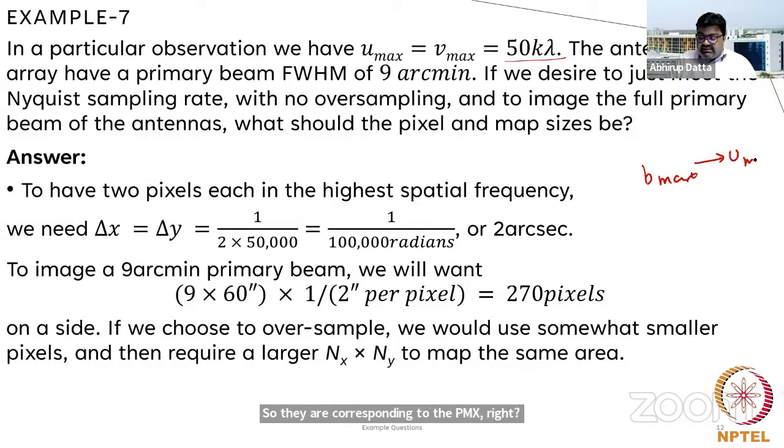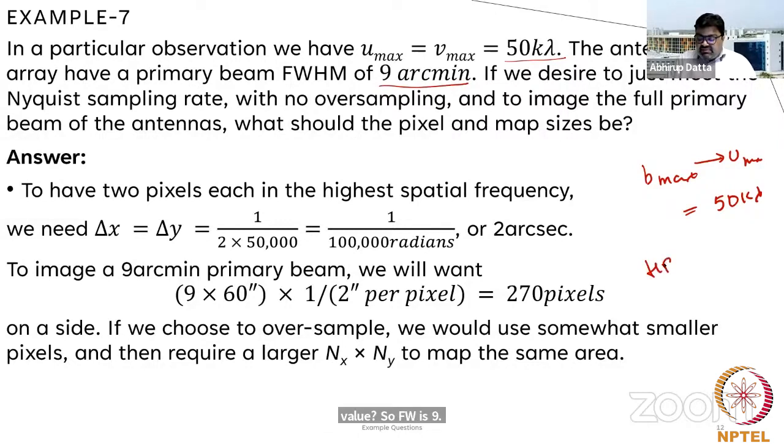That goes to Umax, given by 50 kilo lambda, in terms of lambda, 10 to the power 3 lambda. Okay, so what is the lambda value? So FWHM is 9 arc minute. So the FOV, the half power beamwidth, is 9 arc minute.